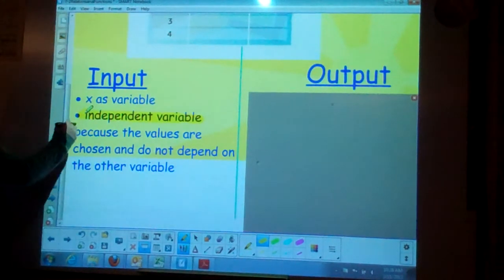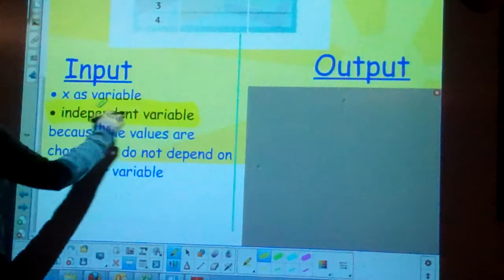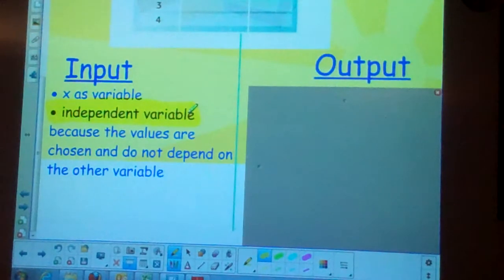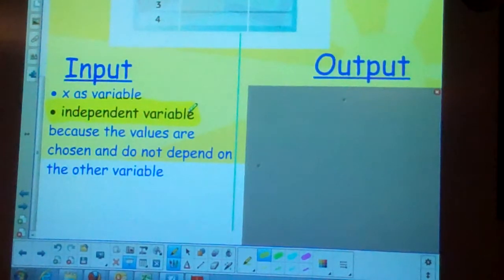I would write why this is the independent variable. You already have down that it's the x. That's in your notes from last week, Friday. But the new part of this is that it's your independent variable.